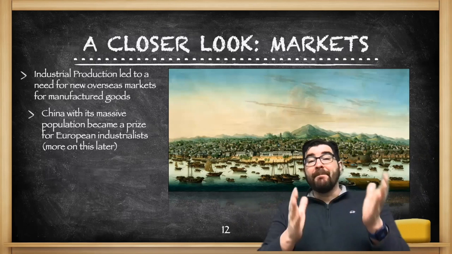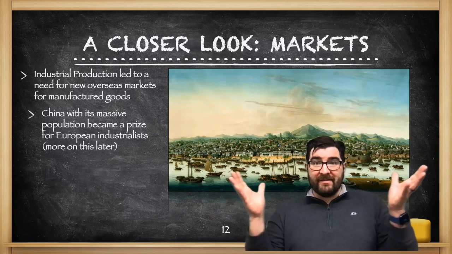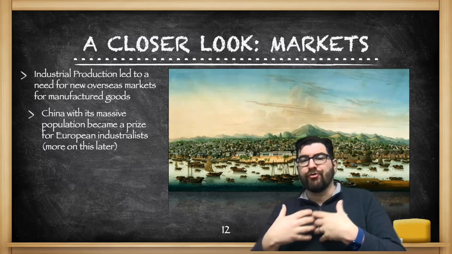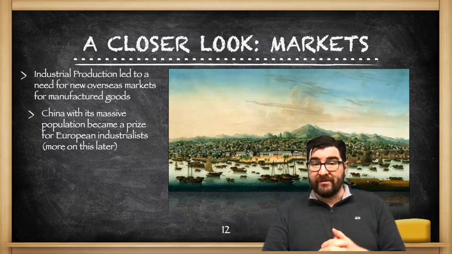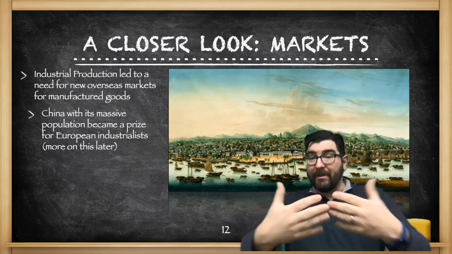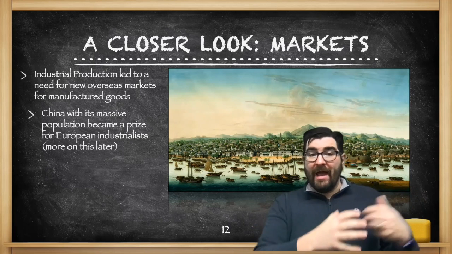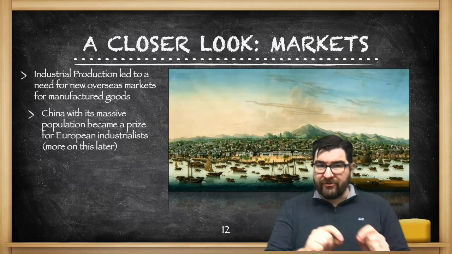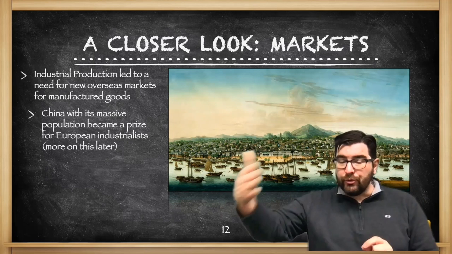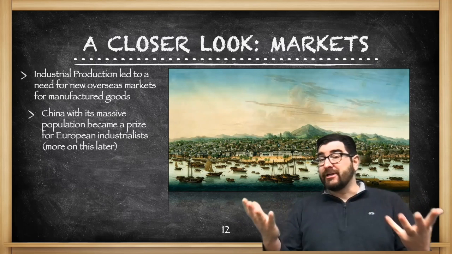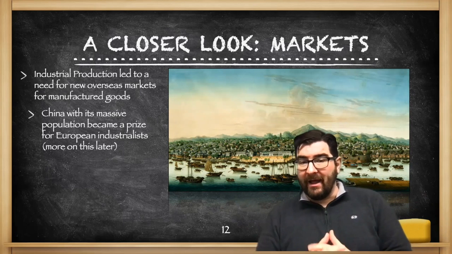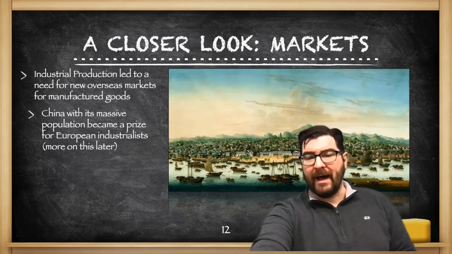And then finally, markets. These industrial factories are producing incredible amounts of goods, and companies want to sell them beyond their national borders. So industrial production is going to create a need for new markets overseas, and China is going to be the biggest prize on the map as it has the biggest population.